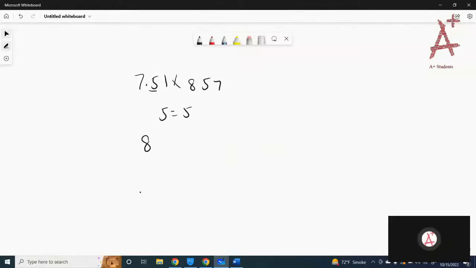Round up means add 1 to the whole number. 7 plus 1 is 8. Got it? Now again 8.57. Just look at the decimal. 5 is equal to 5. You have to round up. Got it? 8 plus 1 is 9. So it would be 8 times 9, and 8 times 9 is 72. Got it? So the correct option is 72.